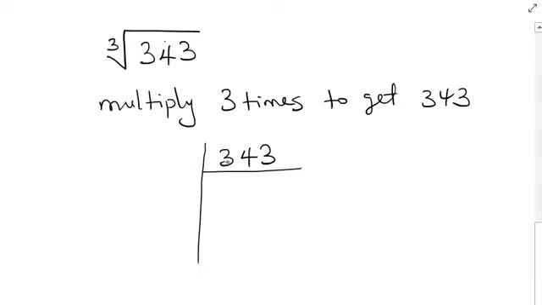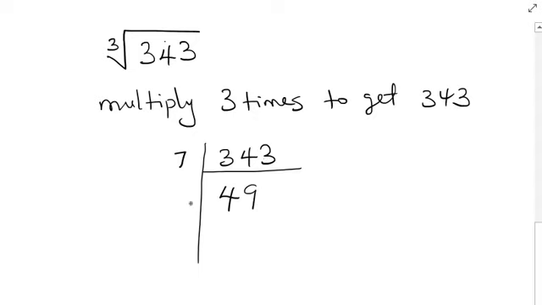Can 3 go? Let's see. 3 will not go. Can 4 go? No, because this is an odd number. 5? No, 5 will not go because it's not ending with 5. 6 will not go because this is an odd number. 7, yeah, 7 may go. 7 in 34 is 4, remainder 6, 63. 7 times 9 is 63.